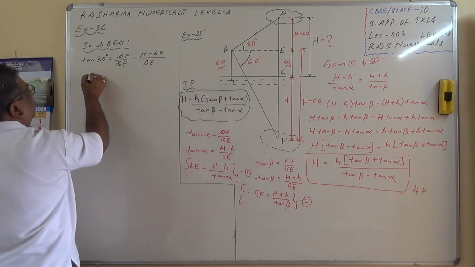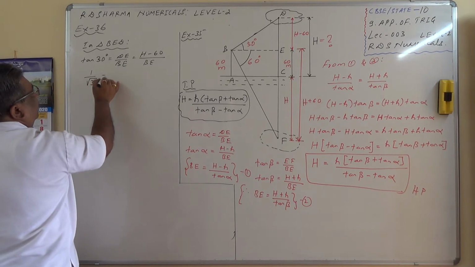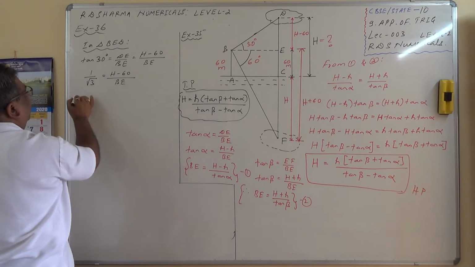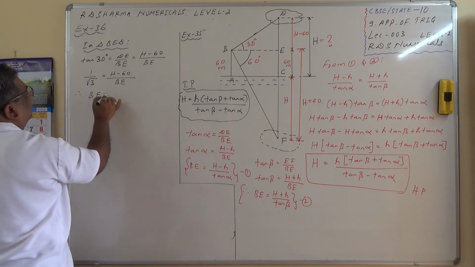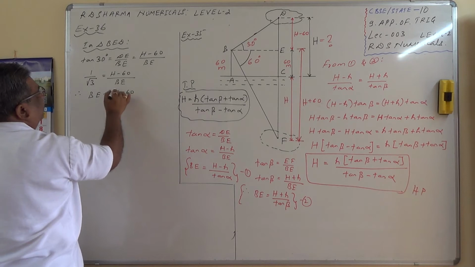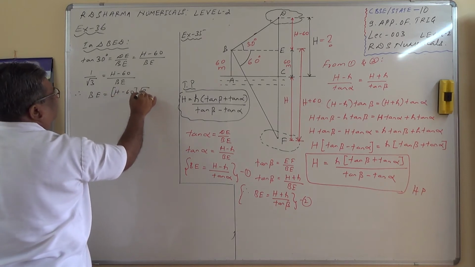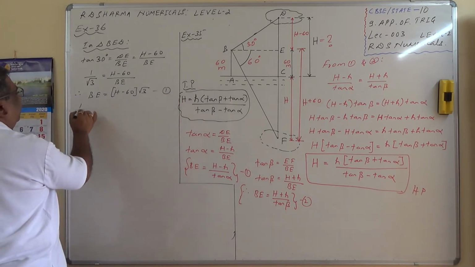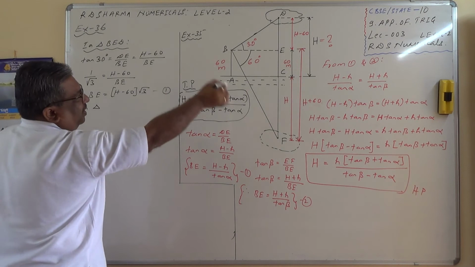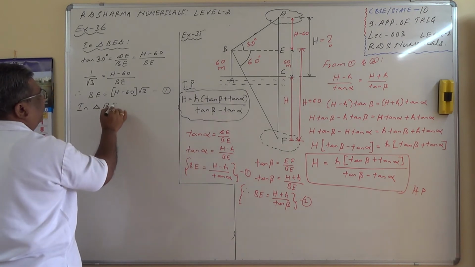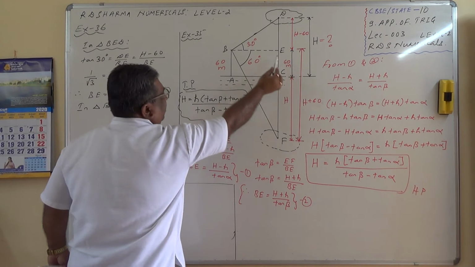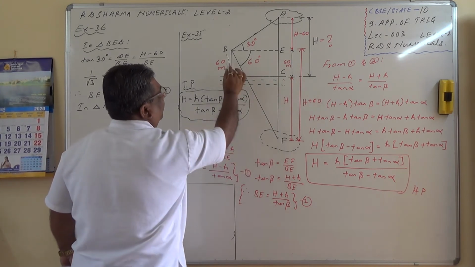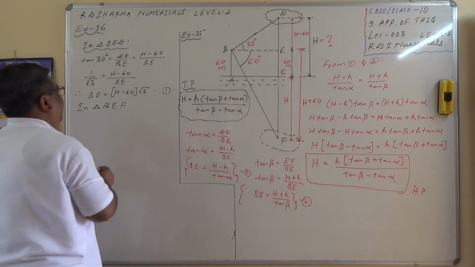What is tan 30? 1 by root 3 equals H minus 60 divided by BE, and therefore BE equals H minus 60 into root 3. Mark this 1. Next, in triangle BEF, tan 60 is opposite side EF divided by adjacent side BE.